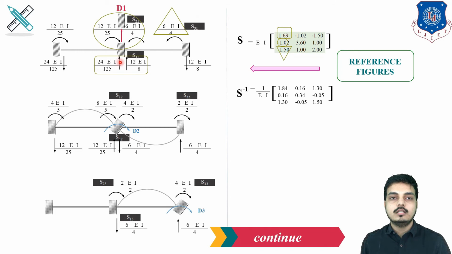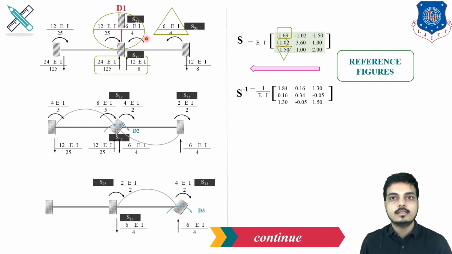What is S11? Displacement at 1 due to action at 1. Displacement at 2, meaning the second unknown, due to the effect of 1, so S21. The third unknown due to the effect of 1 is the moment at C. Now the algebraic sum of these two values gives 1.69.